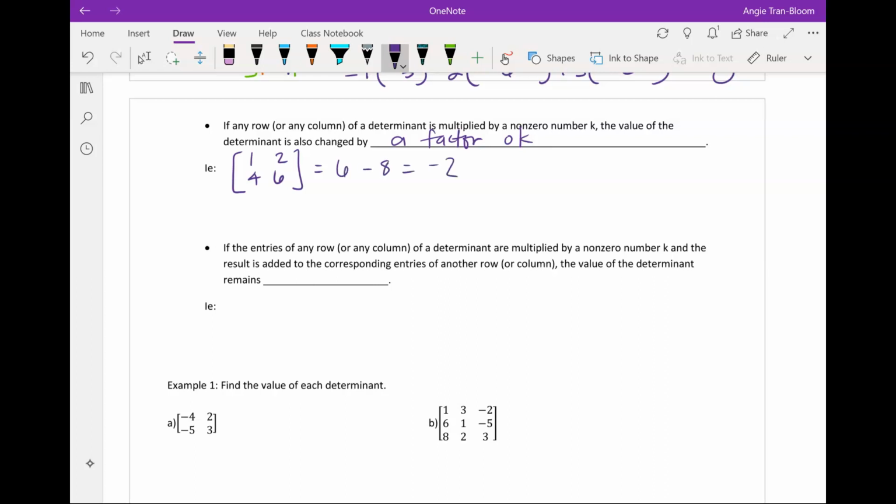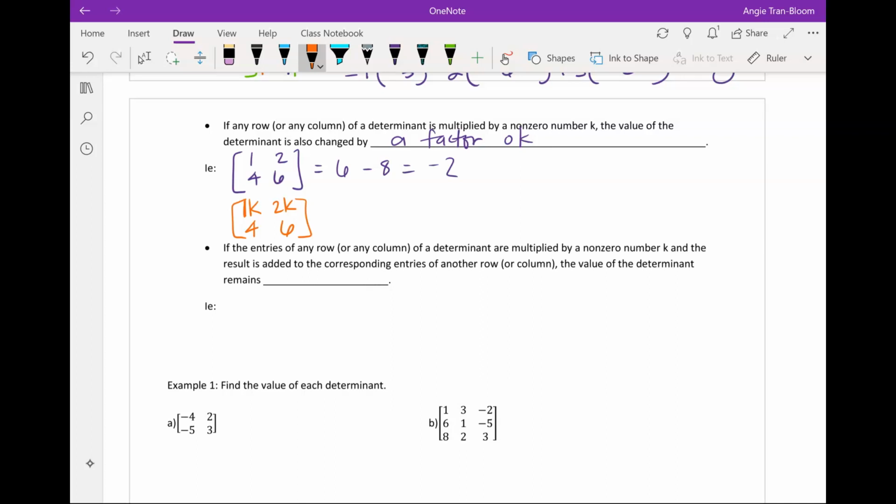Perfect. So I'm going to multiply one row by k, and it doesn't have to be an actual value. We'll prove it. So this is 1 times k and 2 times k. I want to multiply the entire row 1 by k. We're not changing row 2, so we'll keep it as is. Your final answer of the determinant should be how many k's?